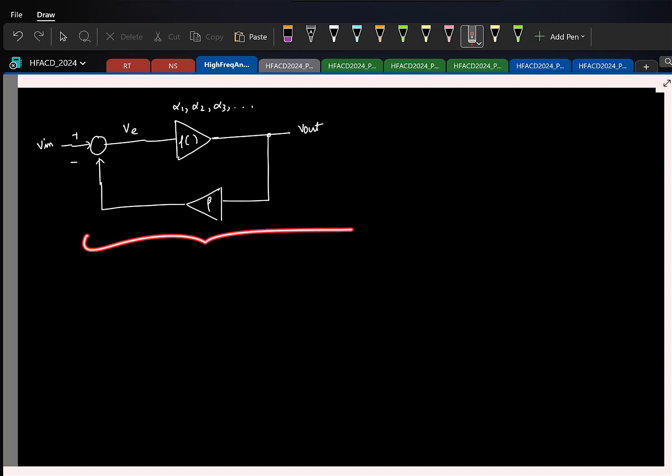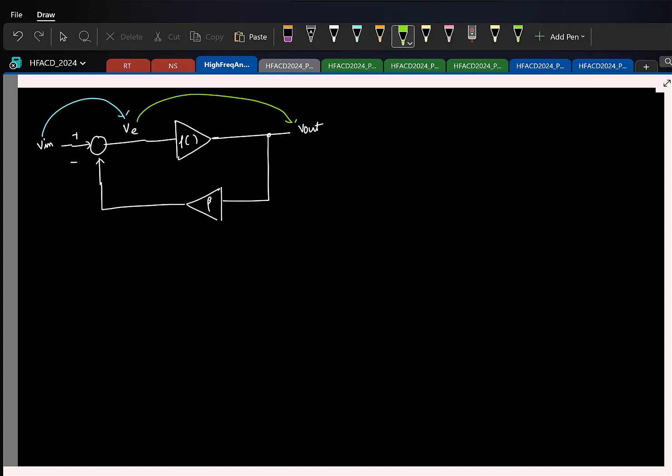This system is basically taking my input signal V in, and first it is generating an error signal VE, and then this error signal VE is converted to my output, right? So you guys know what is the relation between V out and VE. What is that? It is a nonlinear operation done on VE, f of VE, right? So we know the relation from here to here.